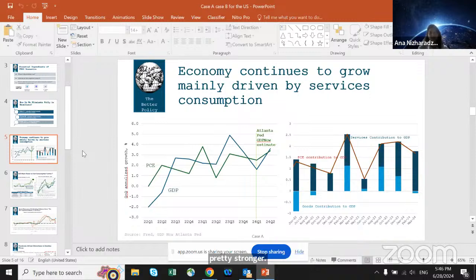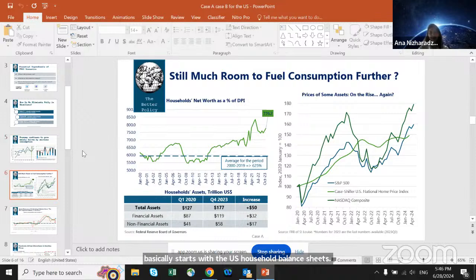So this strong consumption story basically starts with the U.S. household balance sheets, and that's why we analyze the U.S. household balance sheet. If we compare the end of 2023 to the beginning of 2021, we see total U.S. net wealth increased by approximately 50 trillion. And this is a huge number.